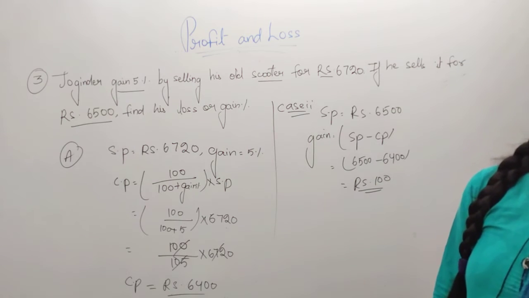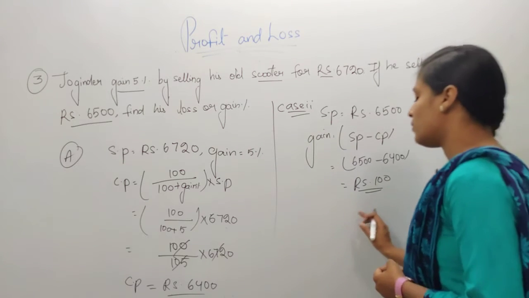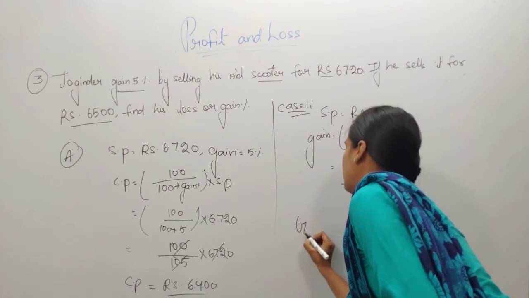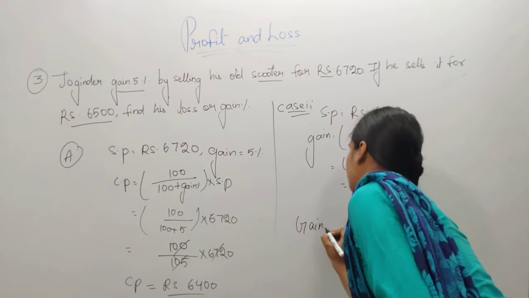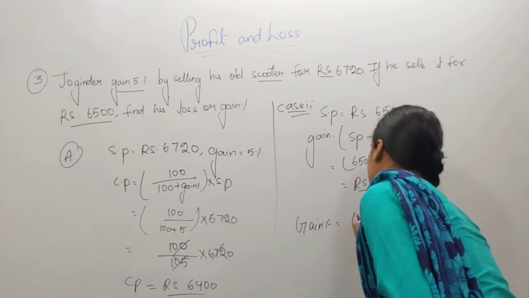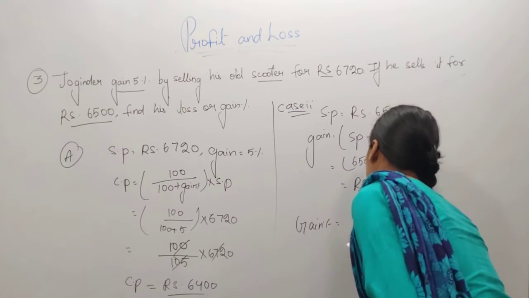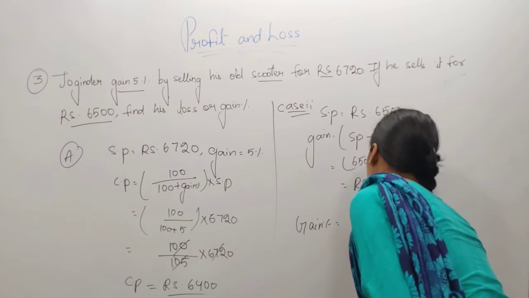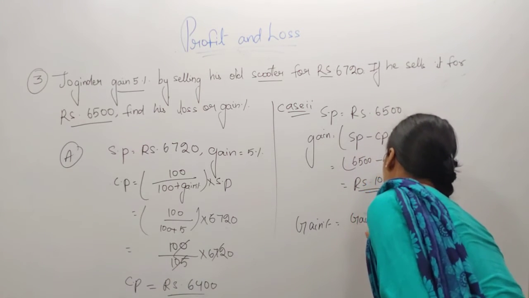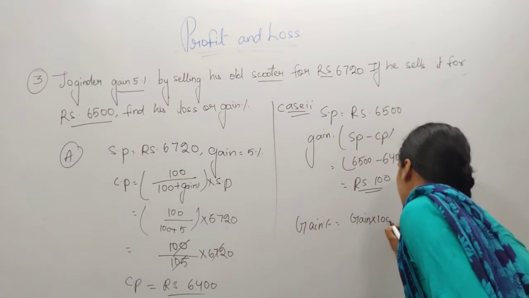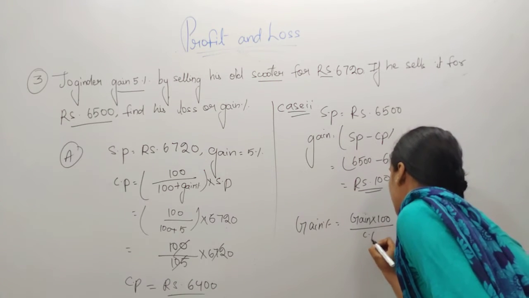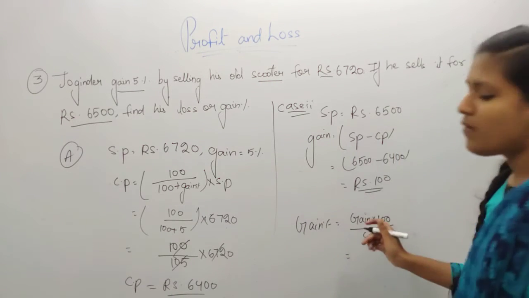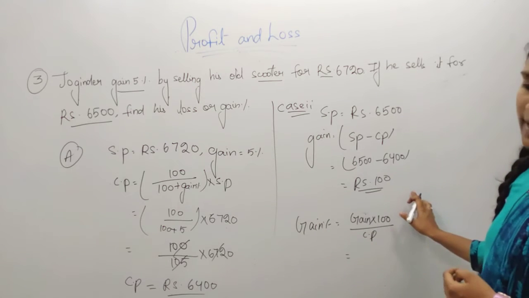Now what do we have to find out? We have to find the gain percent. Gain percent formula: gain percent is equal to gain into 100 by CP. Gain, how much did he gain here?